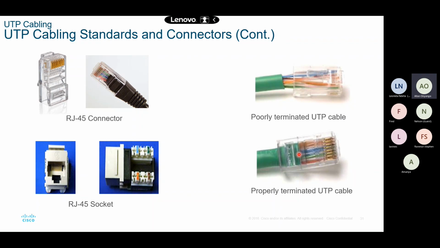Why is it poor? It's because if someone pulls that cable, it can easily get out. So the cable outer sheath must be inside the RJ45 connector.